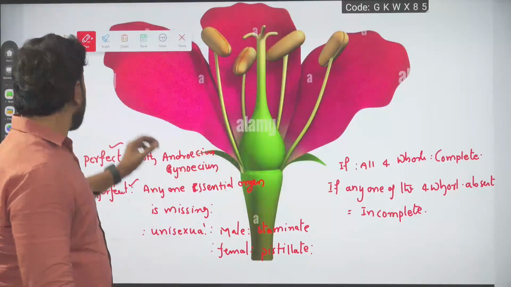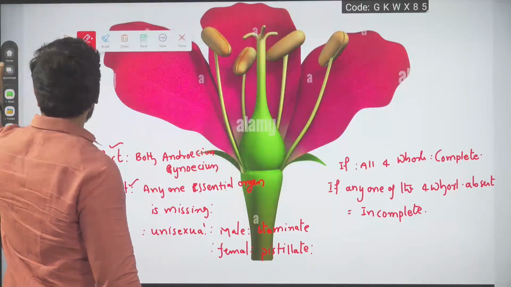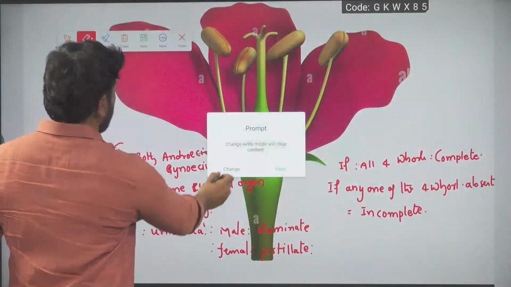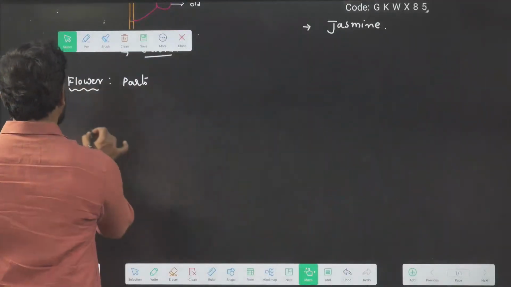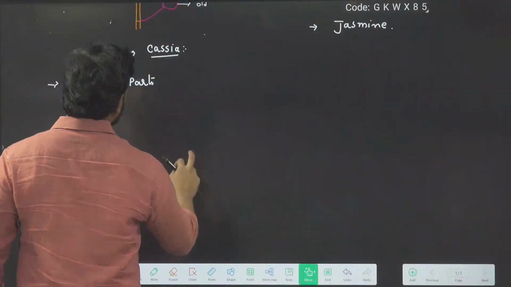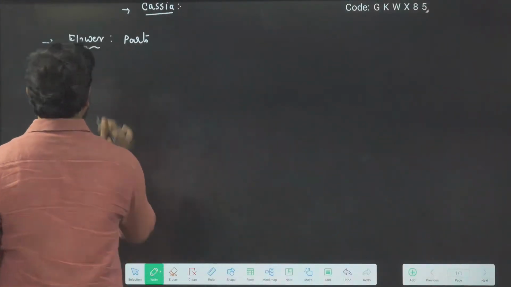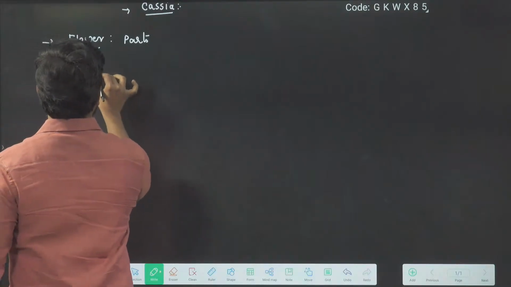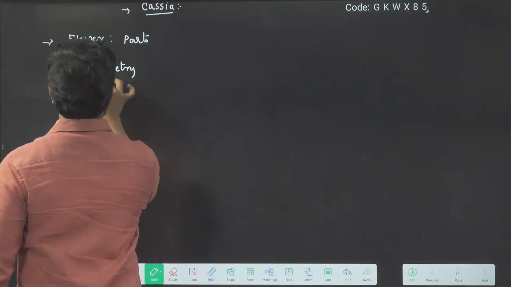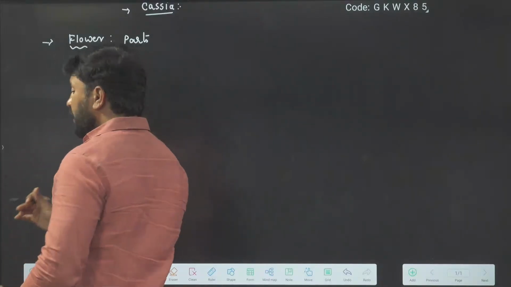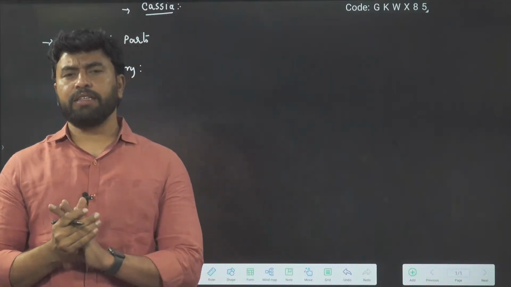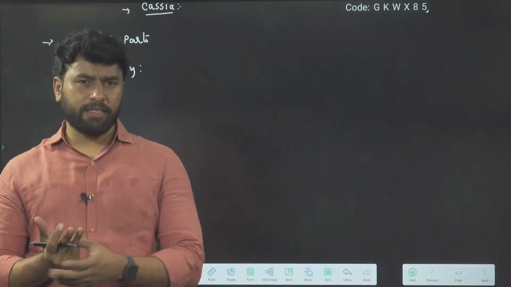Next, let us talk about symmetry of flowers. Floral symmetry. What is the basis for dividing flowers symmetrically, that means whether the flower is symmetric or asymmetric?